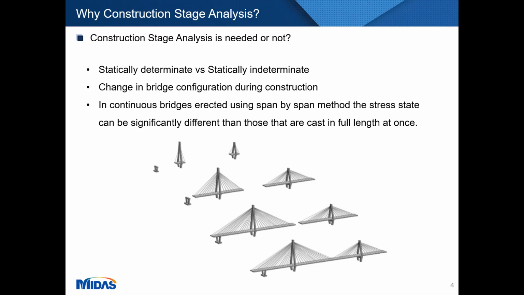For example, if I am constructing a cable stayed bridge as shown in the image, an intermediate step can give more critical forces on my pylon as compared to the final state. Hence, for such special structures, we need to take into account the moments and forces that are coming in intermediate steps as well, so that our structure is safe through construction as well as post construction.